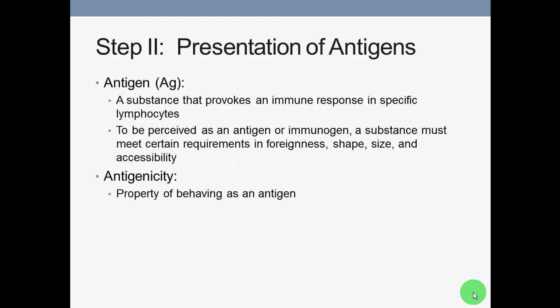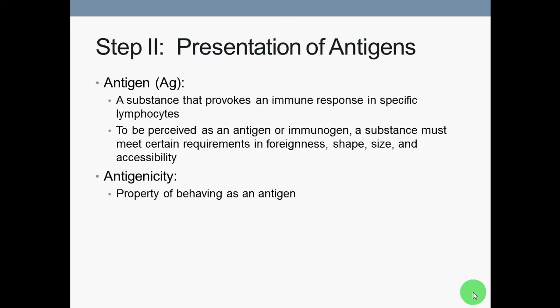Just a reminder of what an antigen is. An antigen is a substance that provokes an immune response. A shortened way of saying antigen is AG, so you might see that in some of these pictures. In order for an antigen to be perceived as an immunogen, to actually cause an immune response, the substance must meet certain requirements of foreignness.